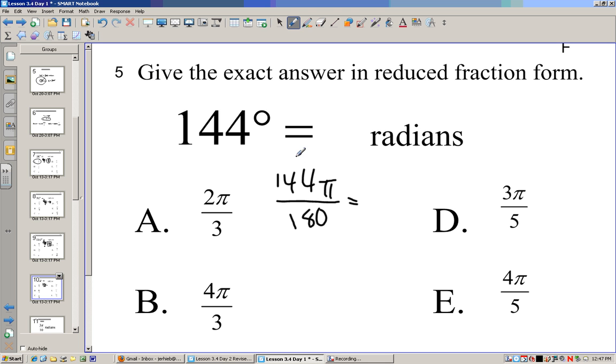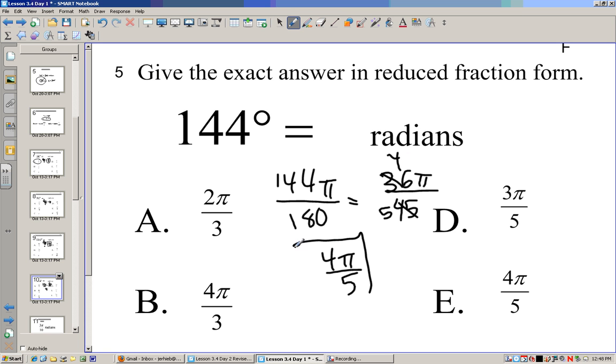I know a 4 at least. So a 4 would be 36. And a 4 goes into this 45 times. And a 9 can come out of each of those. So that would be 4/5. So this would be 4 pi over 5.